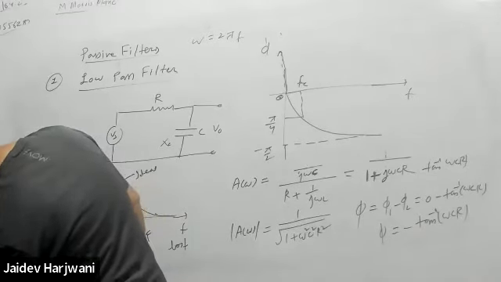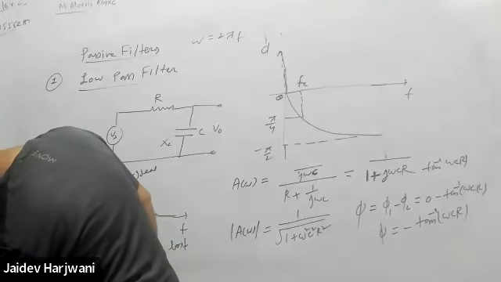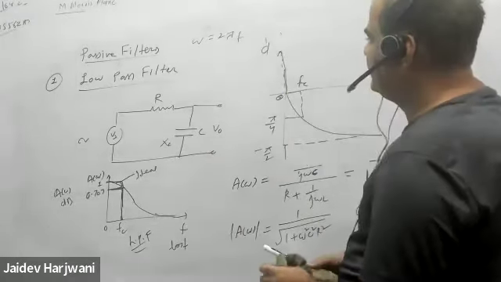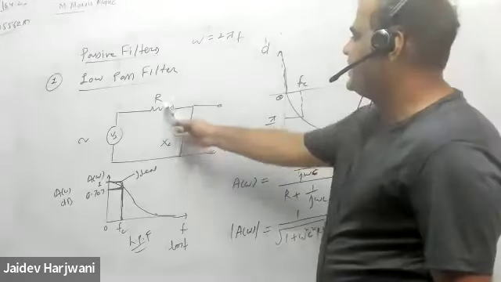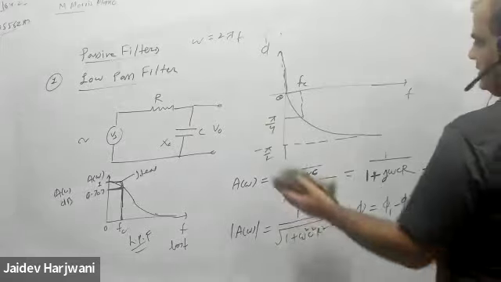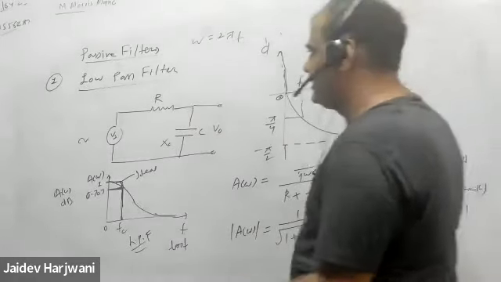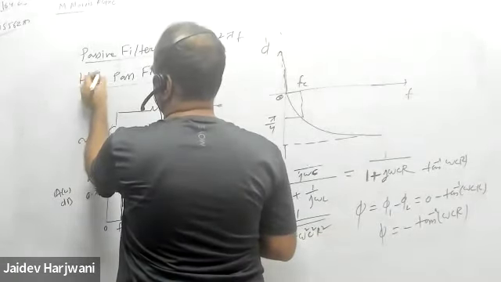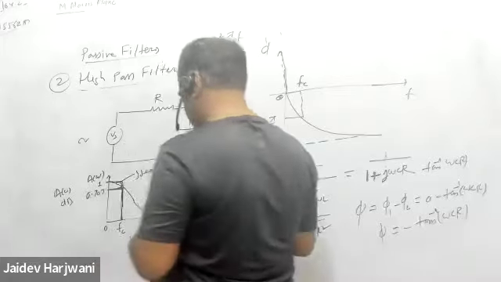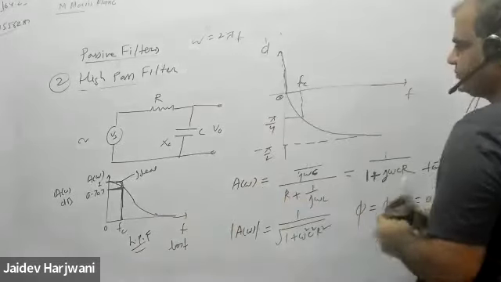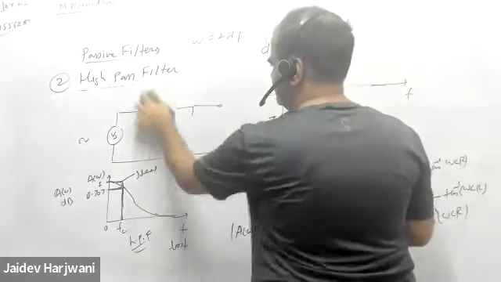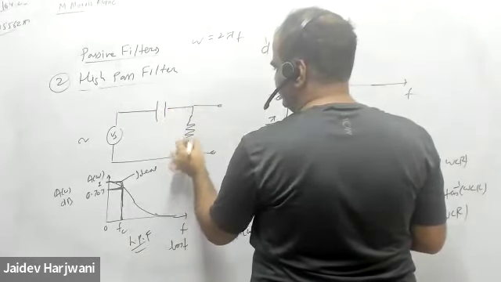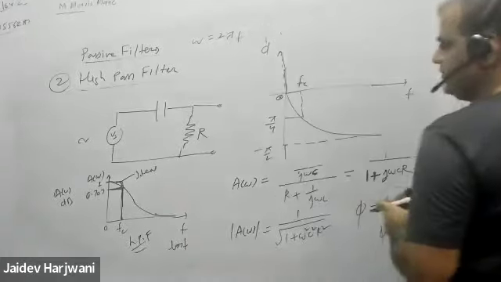So this is your low pass filter. Similarly, now we can have a high pass filter. Only now for the high pass filter, you just replace R and C: C will come here and R will come here, and the remaining calculations are the same.